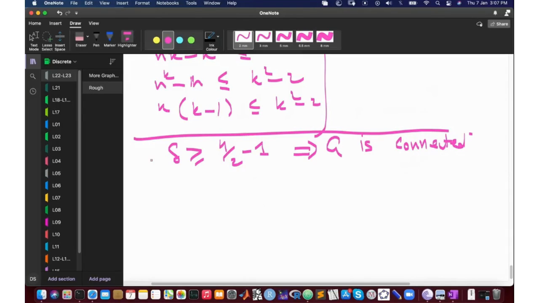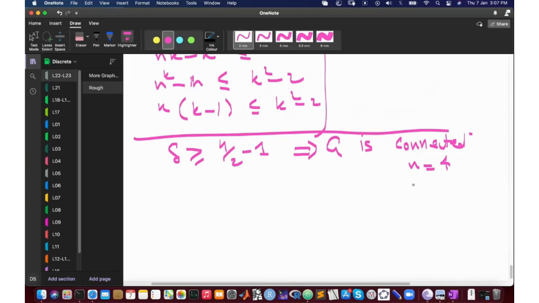I think we need something more here because I see a problem. Let's say n is 4, n over 2 is 2, minus 1 is 1.